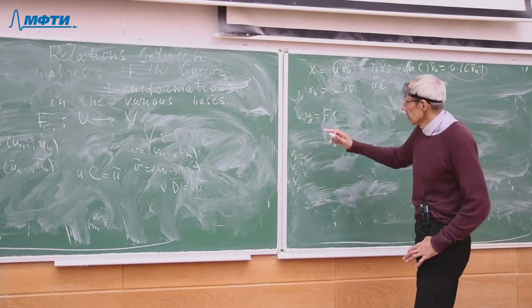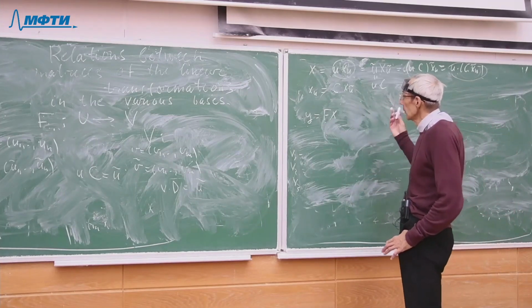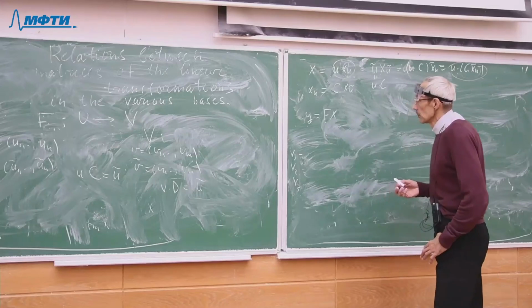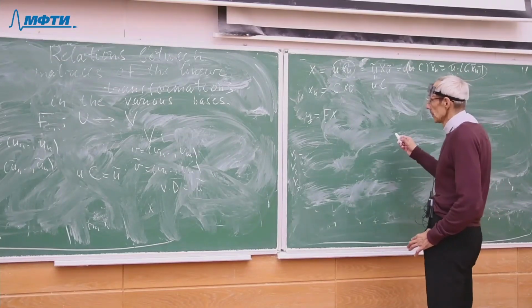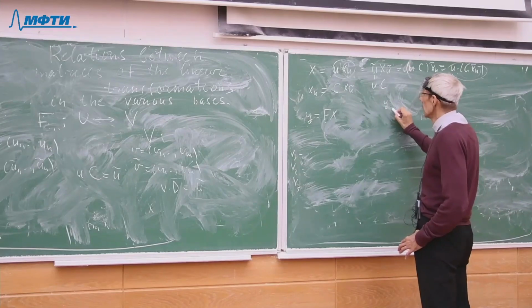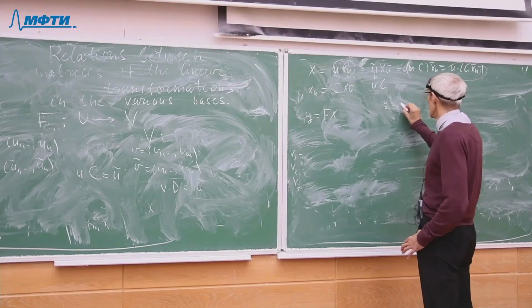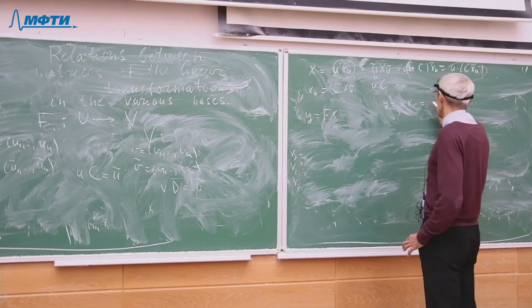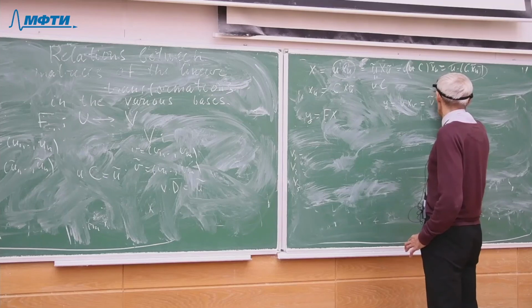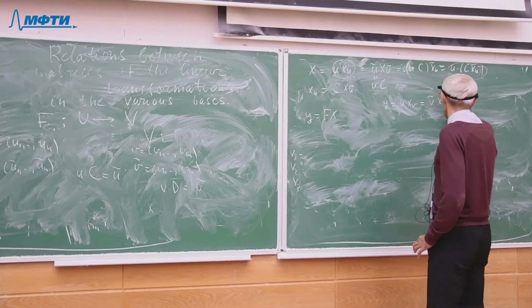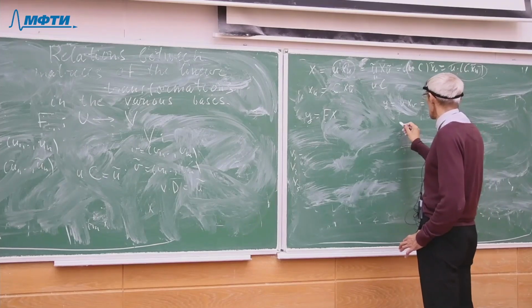And for Y, I have the same relation: Y is equal to V yv and is equal to V tilde yv tilde.